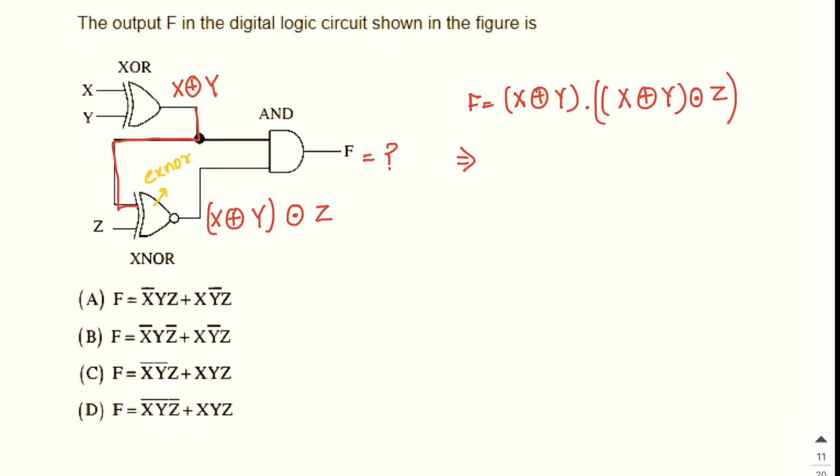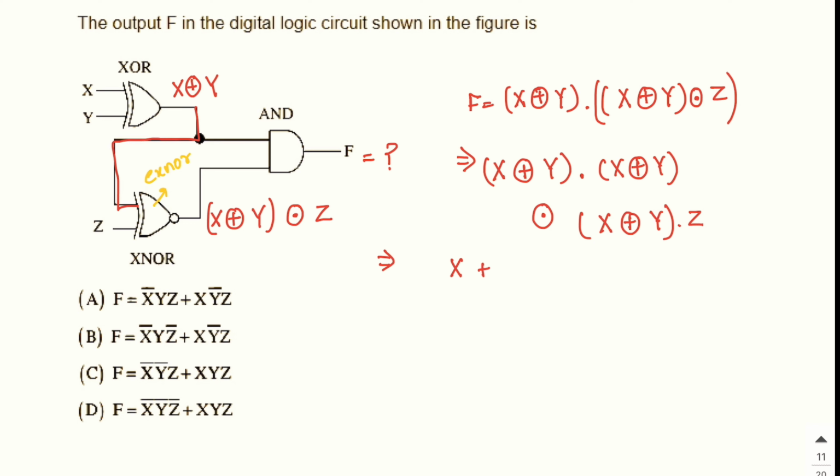So what we can do is just open up the bracket. So we have (X XOR Y) dot (X XOR Y) and XNOR with (X XOR Y) dot Z. A dot A is A only.